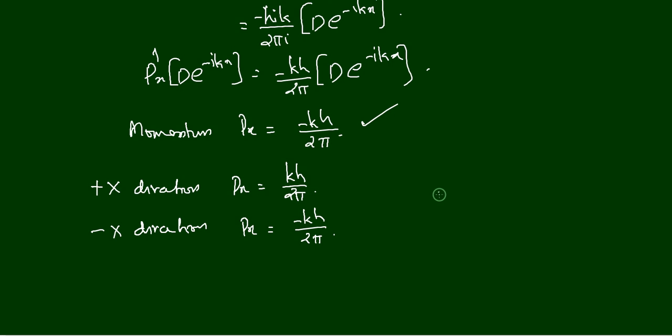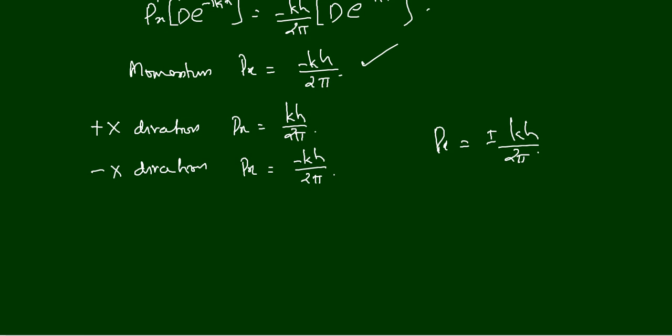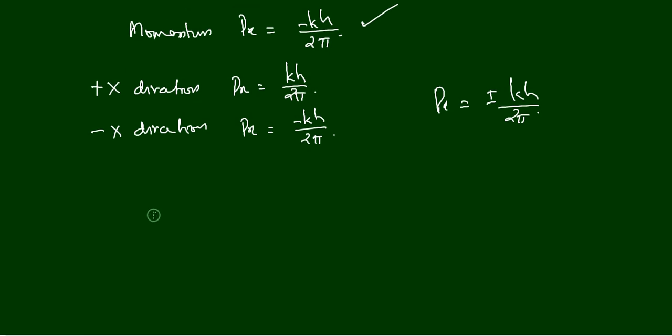Now we have the momentum value px is equal to plus or minus kh divided by 2 pi. And from this one, we can now calculate the lambda value. So lambda is equal to h divided by p from the de Broglie relation, in our case we denote it as px. So we can write lambda is equal to h divided by px, plus or minus kh divided by 2 pi, right?